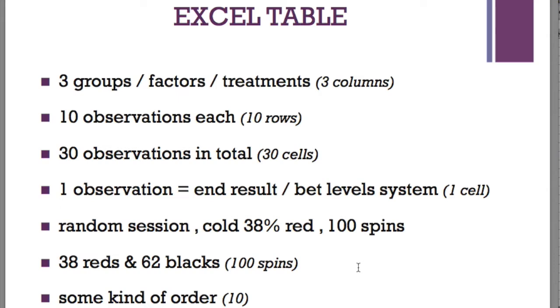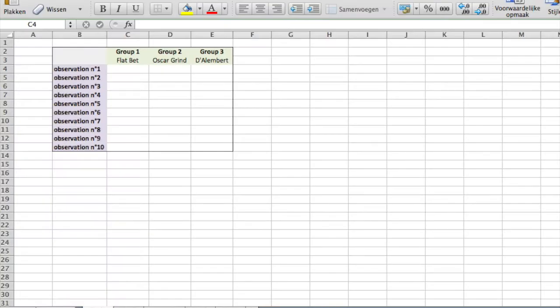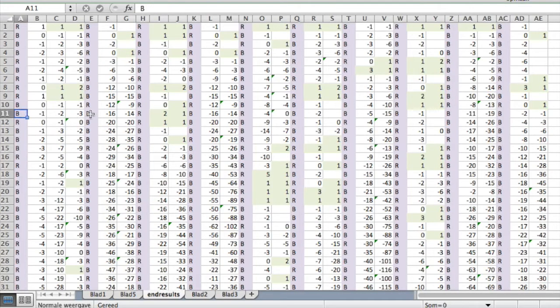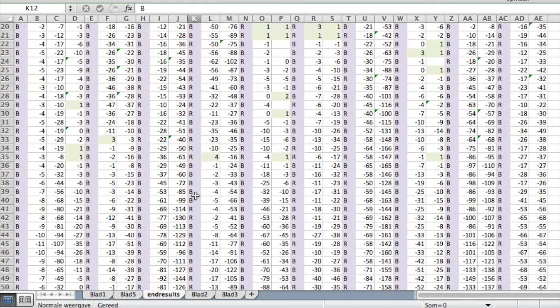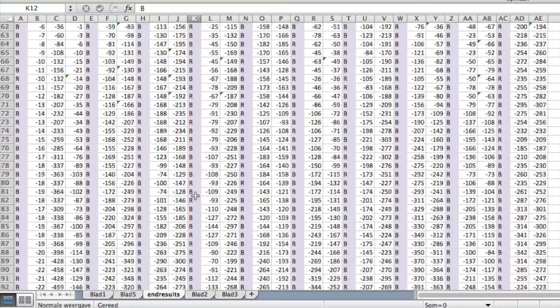Now, why is it random? It's still in some kind of order, so the dealer will not throw 38 reds and then 62 blacks. The 38 reds and 62 blacks still will fall in some kind of order. Because there are 10 observations, there will be 10 orders. And that's what you see here: 10 observations, and so 100 spins.